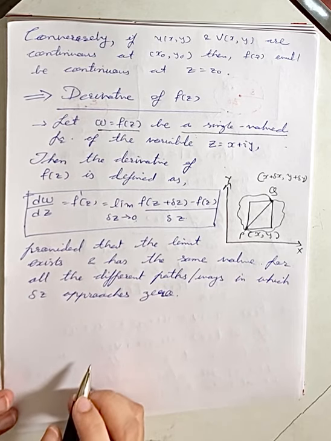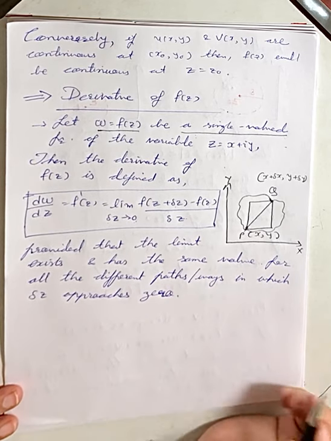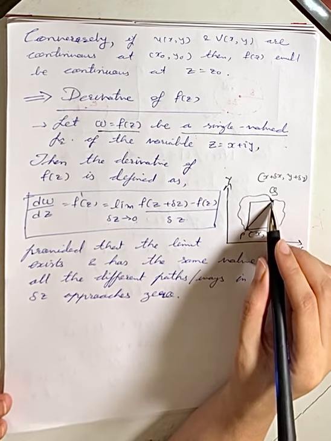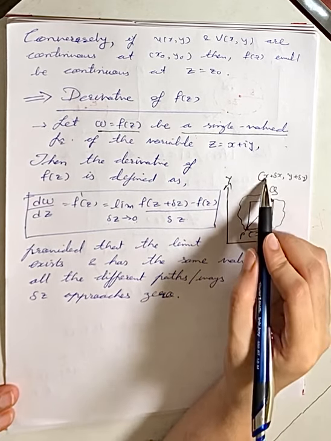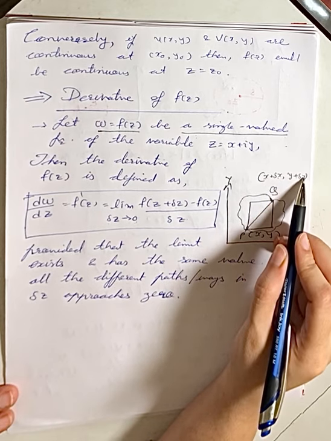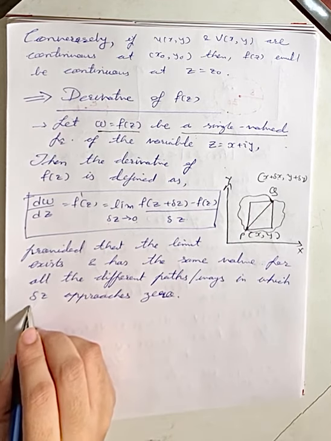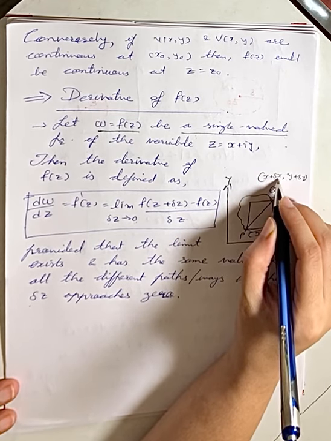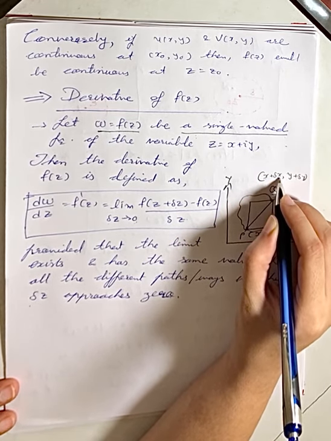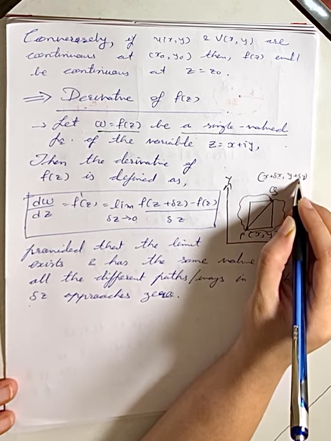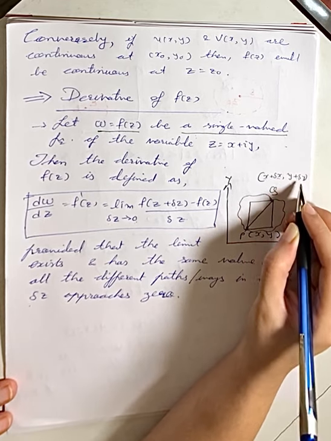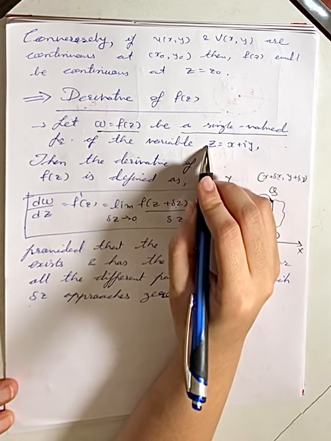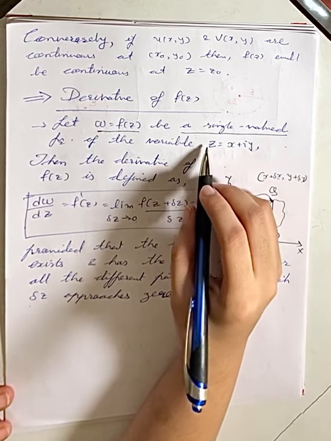Now there is one problem here. You see that Q has coordinates x plus delta x and y plus delta y. If you want delta z to approach 0, that means this variation delta x should reach 0 and delta y should reach 0. Once your delta x and delta y are 0, then your delta z will automatically be 0, right?